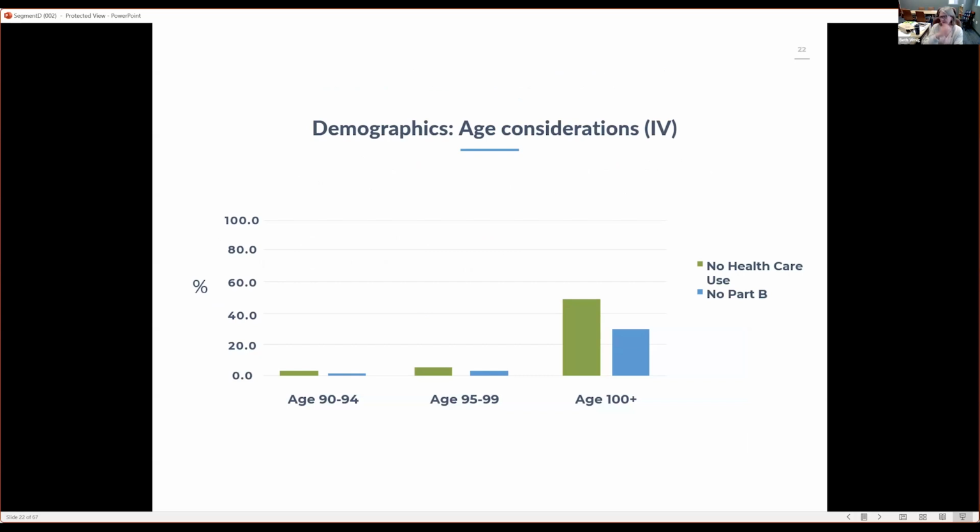When we look at it, what we see is a disproportionate number of people who are listed as over 100 who don't have Part B coverage, so they're not paying the premiums, and who don't have any healthcare use. From this, my conclusion, and you are certainly free to reach a different one, is that these are probably deaths that were missed at some point, probably 20 or 30 years ago.